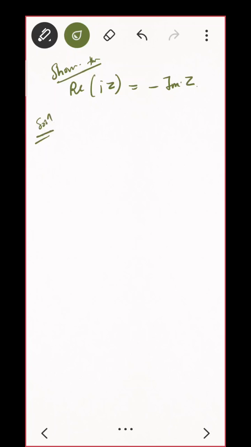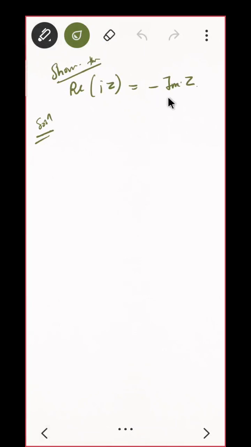Okay, and one more I'll give. Show that imaginary part of iz is same as real part of z. Can you do it quickly? Start with the first one.